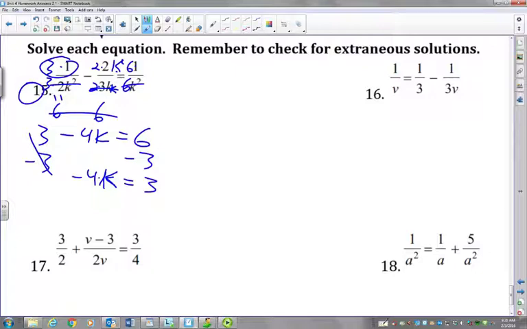So to undo multiplication, we divide by negative 4 on both sides. So k equals negative 3/4, you could say. You can move the negative up if you wanted to. Yeah, woo! So negative 3/4 is the answer to 15.